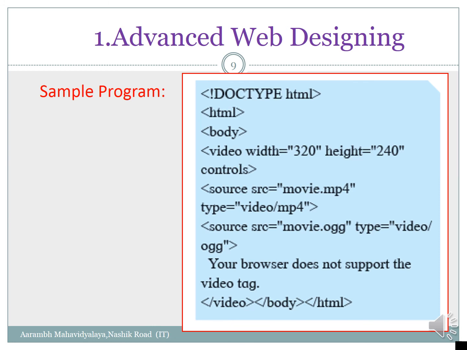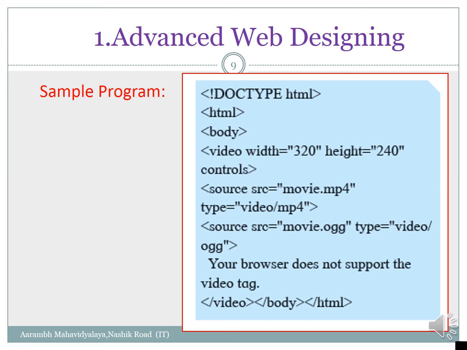Here is a sample program to insert a video on a web page. Again, exclamation mark DOCTYPE html, body, then video. We have specified here width as 320 pixels, height as 240 pixels, and then provided the source as movie.mp4 with the type as mp4.